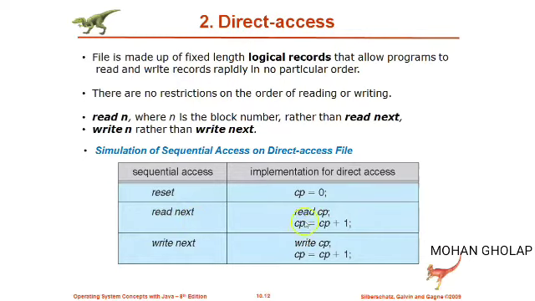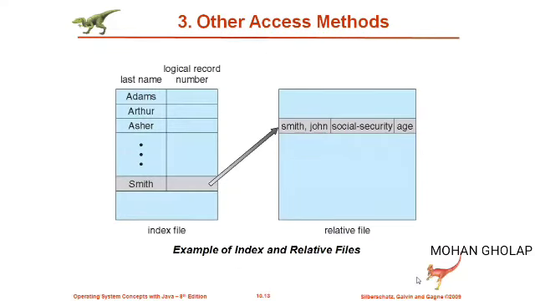So for that we increment the value of CP by 1, that is, CP equals CP plus 1. The same thing is true for write next, that is, write CP and CP equals CP plus 1. In this way, the direct access method can be used.